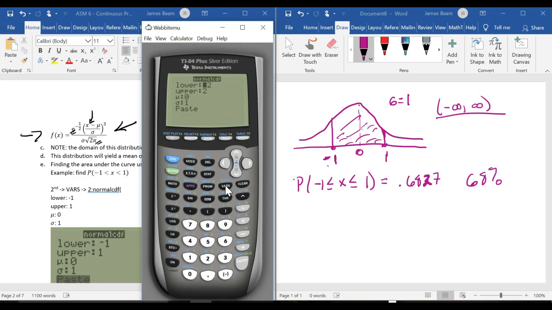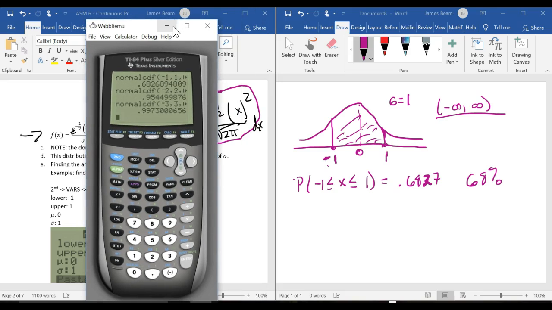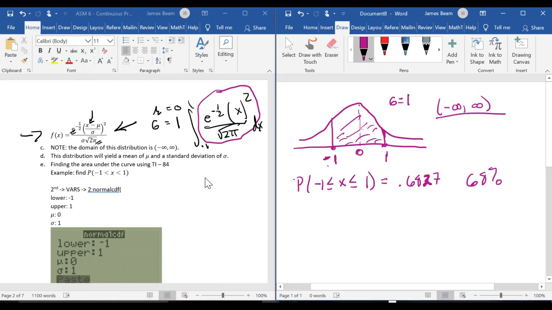And if I go -3 to 3, that's going to give me the 99.7% for the third part of the empirical rule. So this is where that 68, 95, 99.7 comes from in the empirical rule, but this is a much more formal answer to that.